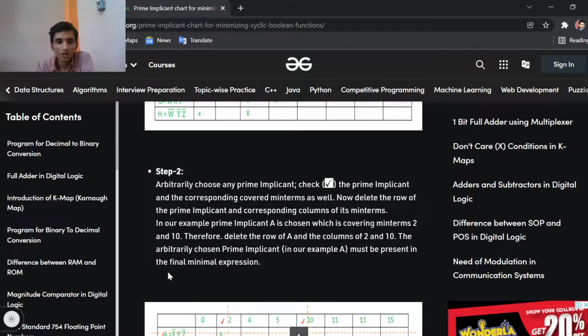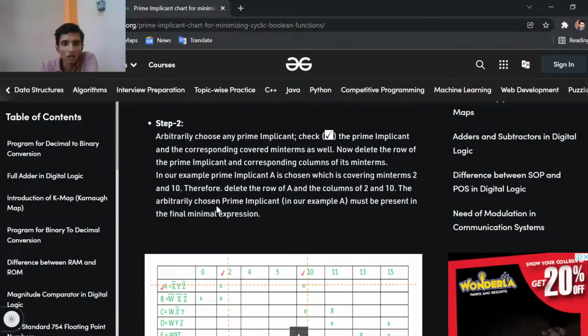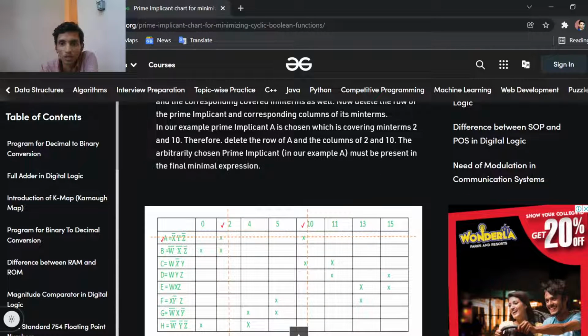In our example, prime implicant A is chosen, which is covering minterms 2 and 10. Therefore, delete the row of A and the columns of 2 and 10.